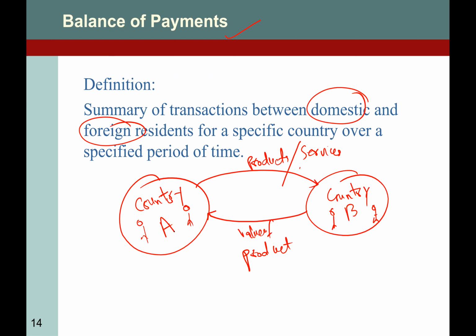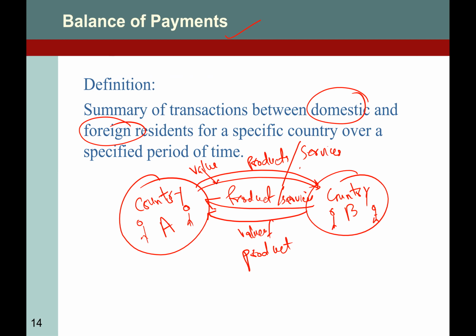Similarly, from country B, people are also getting some products or services, and country A is also giving them the value of the money, the value of the product, right? So, balance of payment.